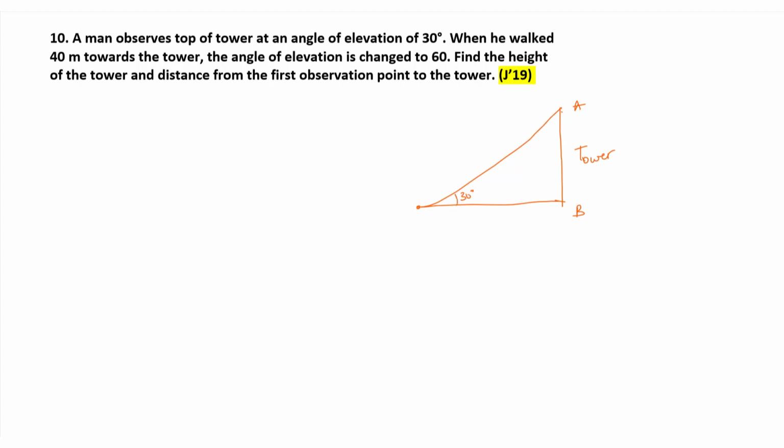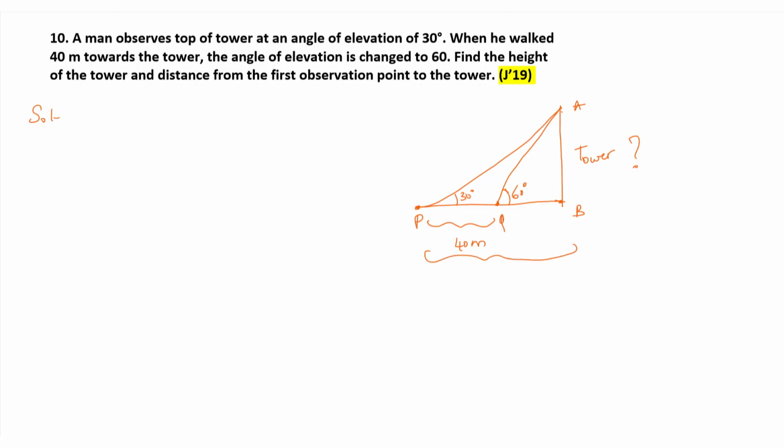As he moves, let that point be P, as he moves 40 meters towards the tower, the angle of elevation changed to 60 degree. Find the height of the tower. Height of the tower is what you have to find, and the distance from the first observation point to the tower, that is this whole you have to find.